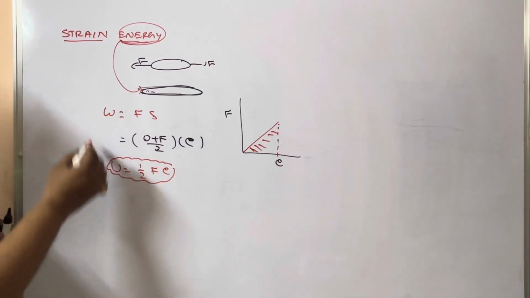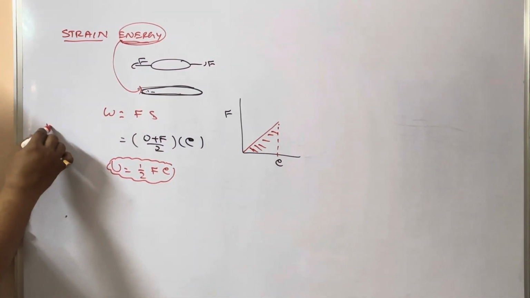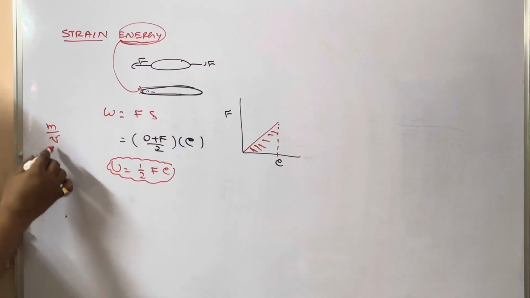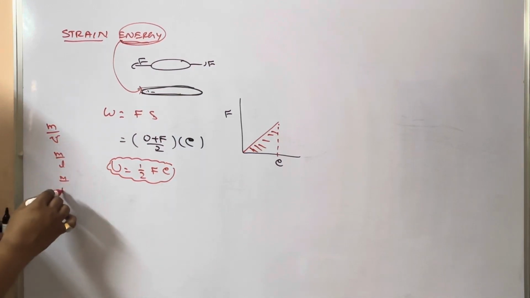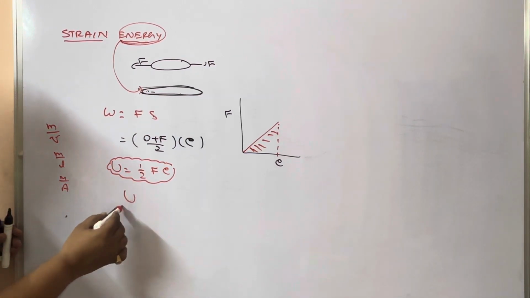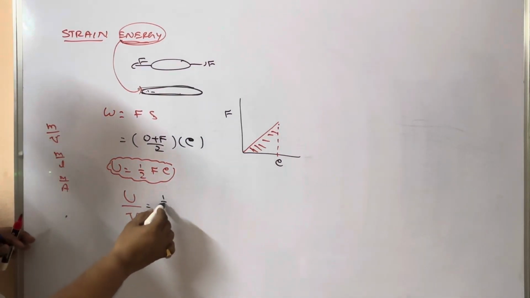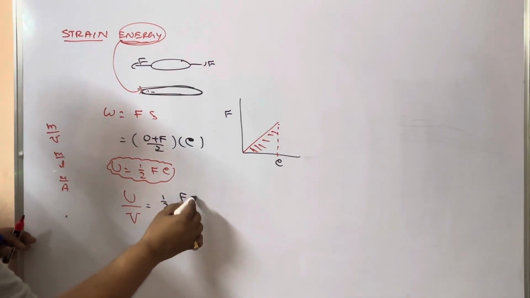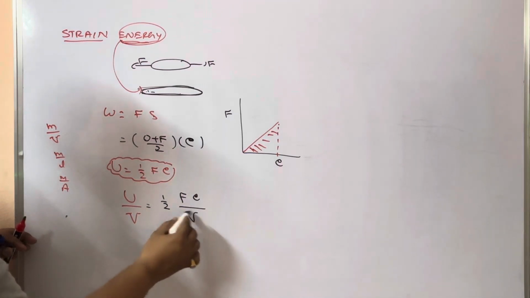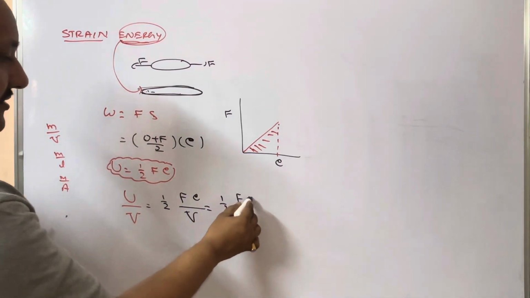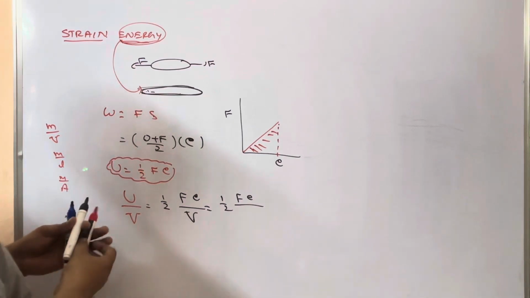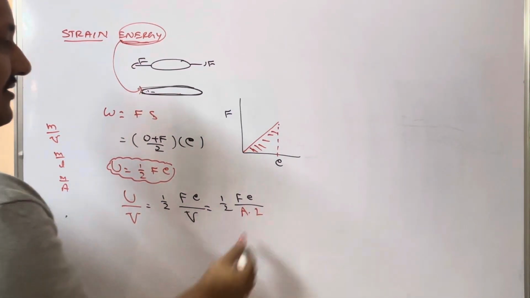Now, what is energy density? Normally, density means mass per unit volume, mass per unit length, or mass per unit area. Similarly, the energy within this volume we call energy density: half of force into elongation divided by volume. We can write the volume as area into length.